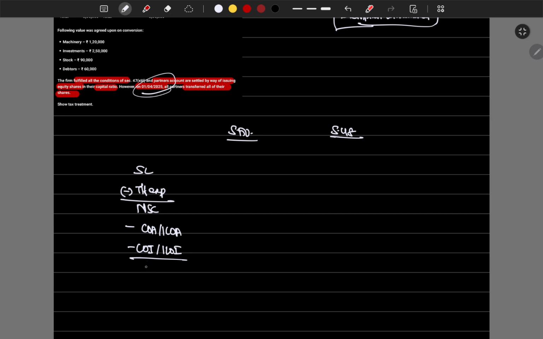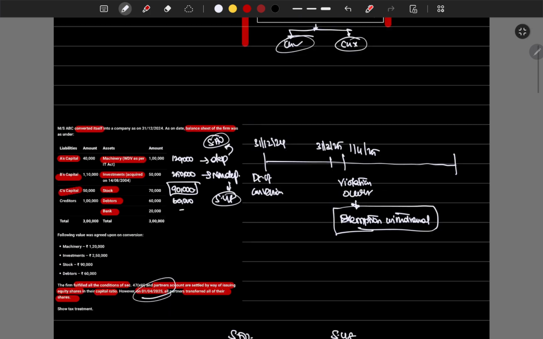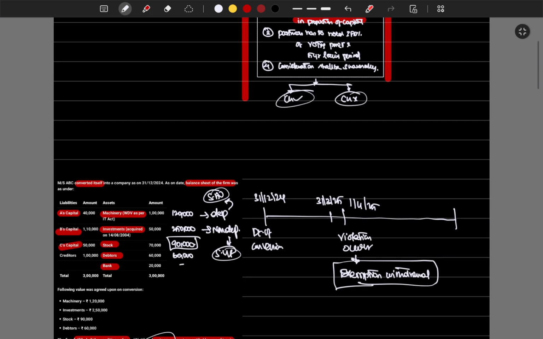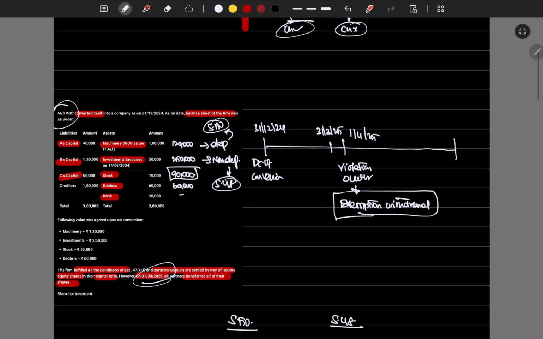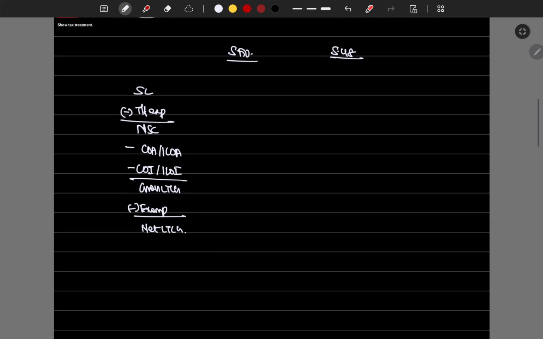That gives the gross LTCG; minus exemptions gives the net LTCG. This is the LTCG that we have to tax. We add it as deemed income for the company in the successor's hands, meaning the company's hands, since the firm is converted to a company. In the company's hands this LTCG will be taxed.